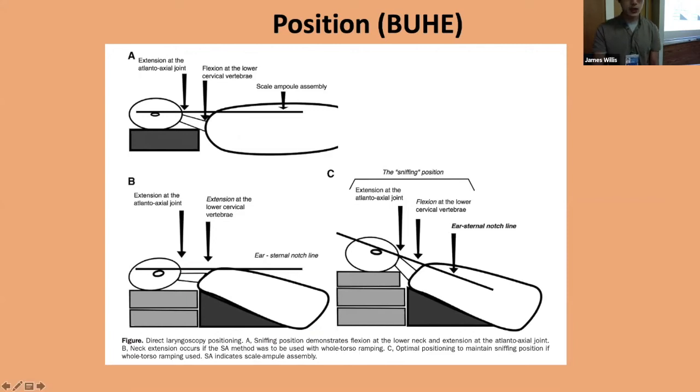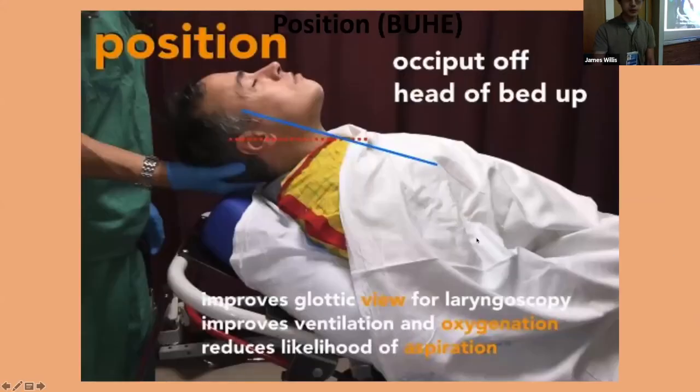Picture C shows the correct ramping position. It combines the sniffing position along with the elevated torso. That allows for increased FRC and reduced oxygen desaturation, and improves your view. And this is what it looks like on an actual patient.